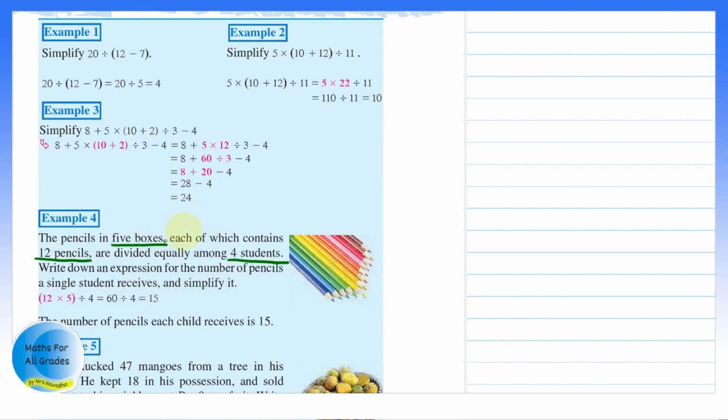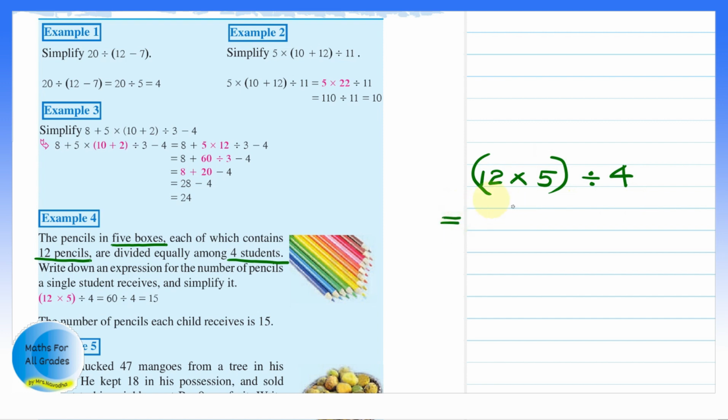So first, let's find out the total number of pencils and then we can divide it by 4, the number of students. There are 5 boxes. Each contains 12 pencils. 12 times 5 gives the total number of pencils. Now we have to divide this by the number of students. It's 4. So this is the expression.